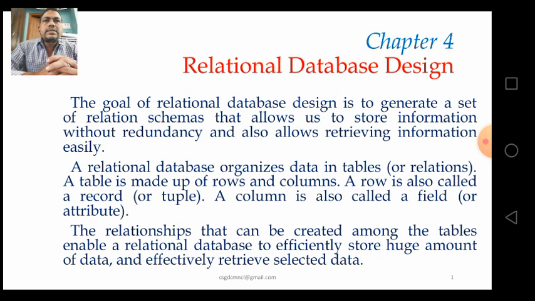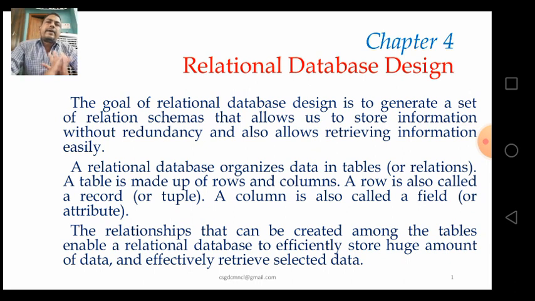A database table is similar to a spreadsheet. However, the relationships that can be created among the tables enable a relational database to efficiently store huge amounts of data and effectively retrieve selected data.